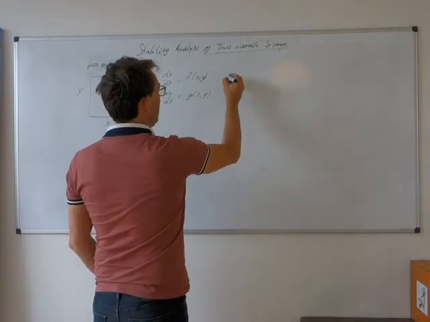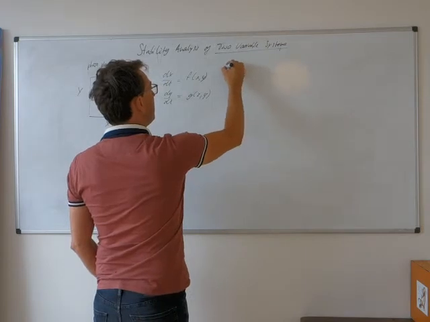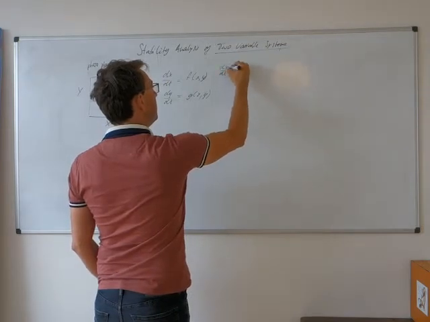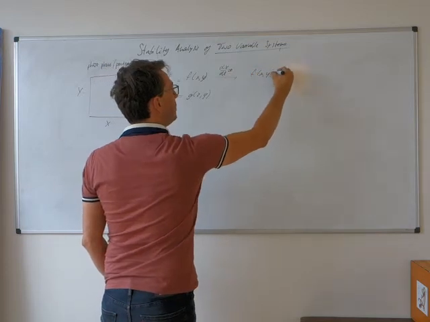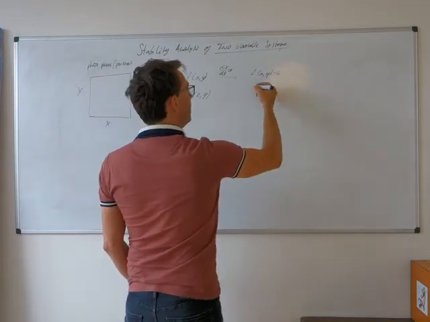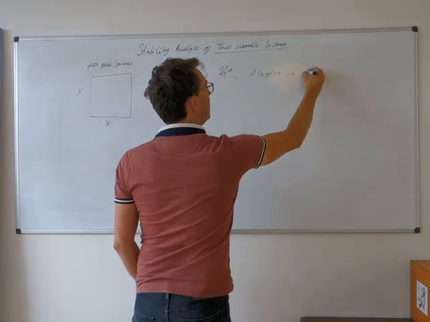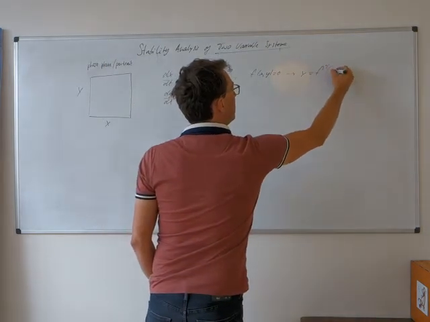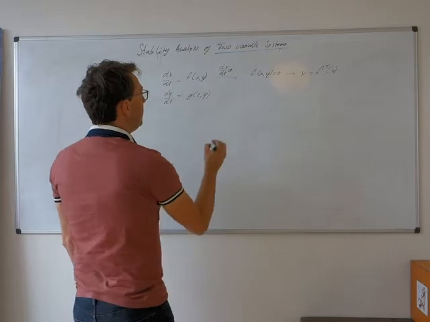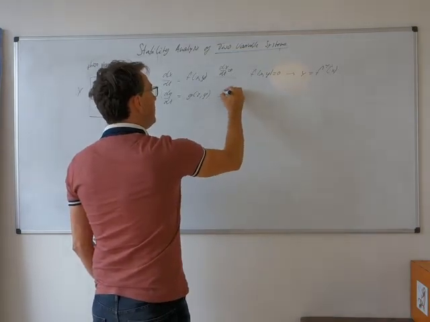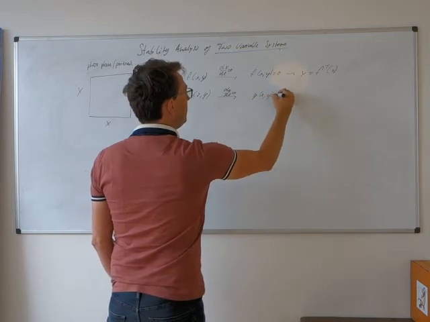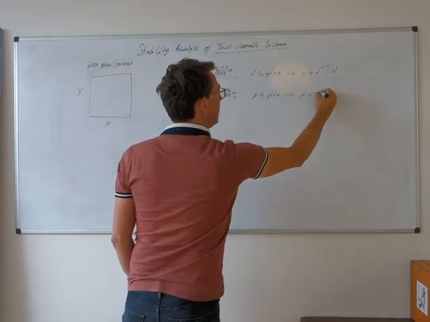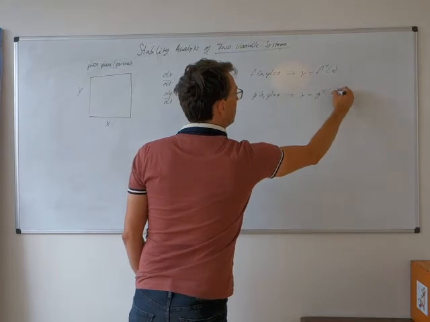And then we said, okay, we can look at dx/dt equals 0 and then solve the f(x,y) function for y. So let me note that by that inverse. And we can also look at dy/dt equals 0. So that effectively means you set this to 0, and then you can solve for y. So you take this inverse of g.